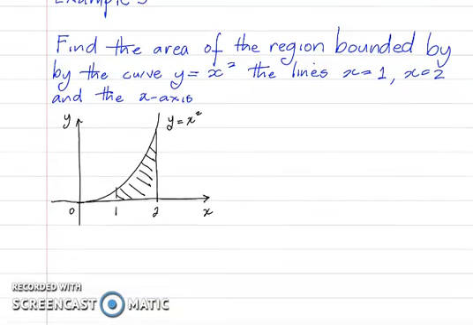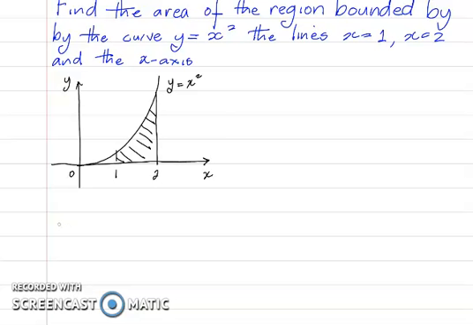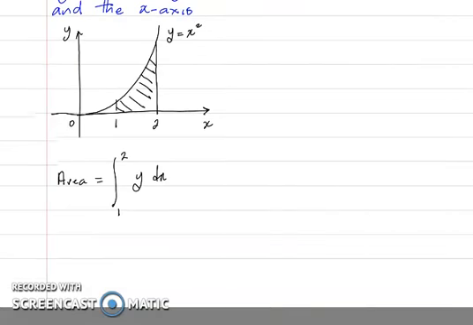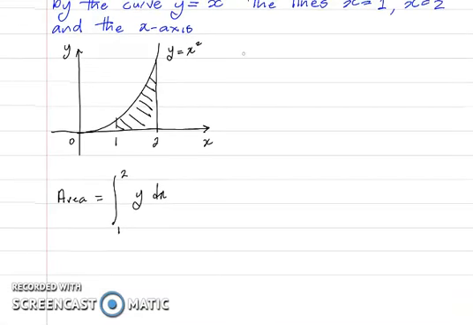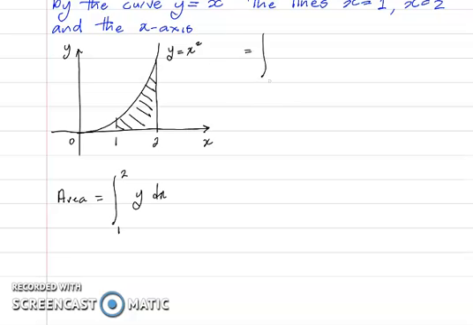Now, of course, we're told that the area that is bounded by the curve, the x-axis, x is equal to 1 and x is equal to 2, is equal to the integral from 1 to 2 of y dx, which is equal to the integral from 1 to 2 of x squared dx.